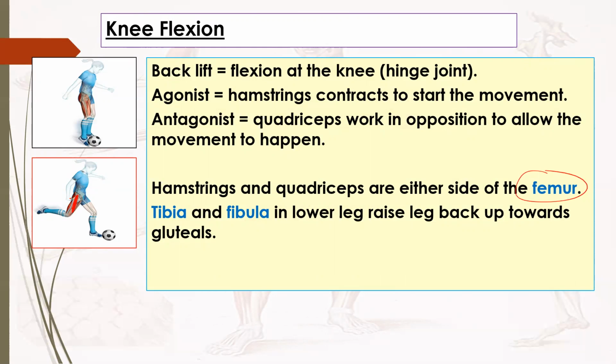Yeah, so they are the articulating bones. The tibia, which is your main shin bone, and your fibula is the one that just runs down alongside it. In this example here, they're moving there where you're bending that knee back. Okay, so they are the articulating bones and they move up towards the gluteals, which are in your bum. Okay, make sure you've got that nice and clear before we move on.